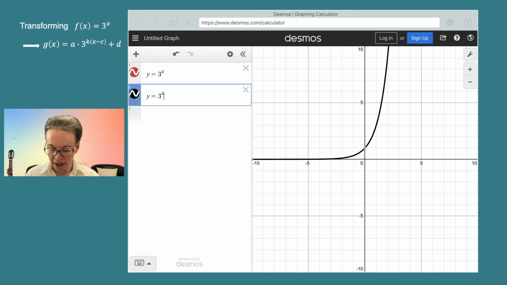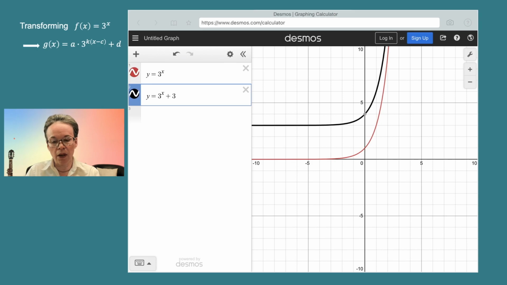So what happens if it is positive? Let's say positive 3. Notice how we now have a vertical shift up, and we have it by 3 units. Again, we're going to follow the y-intercept. It was at 1, and now it goes 1, 2, 3 units upwards. And that also means that we have shifted the horizontal asymptote.